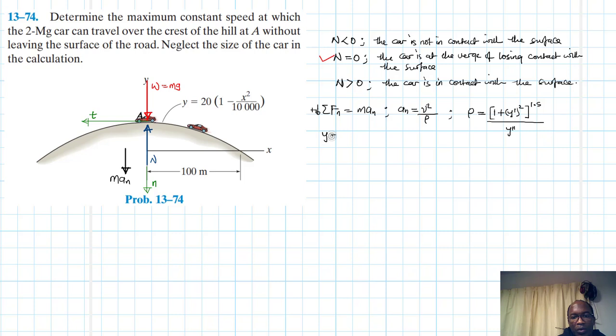So we know that y is just equal to 20 times 1 minus x squared divided by 10,000.